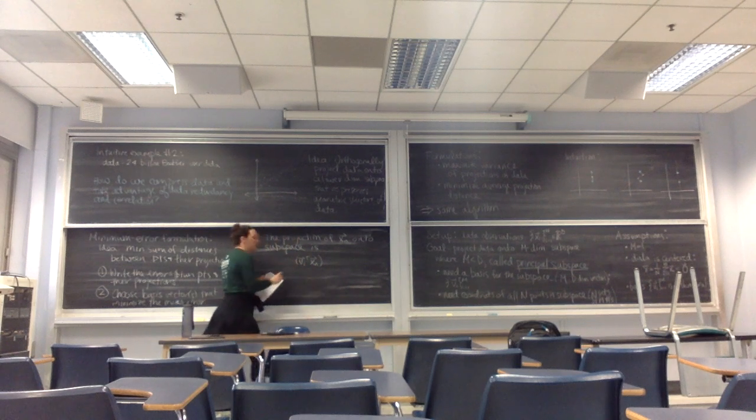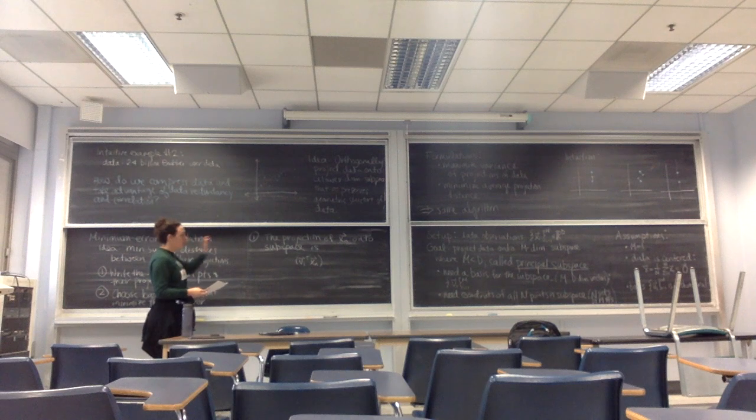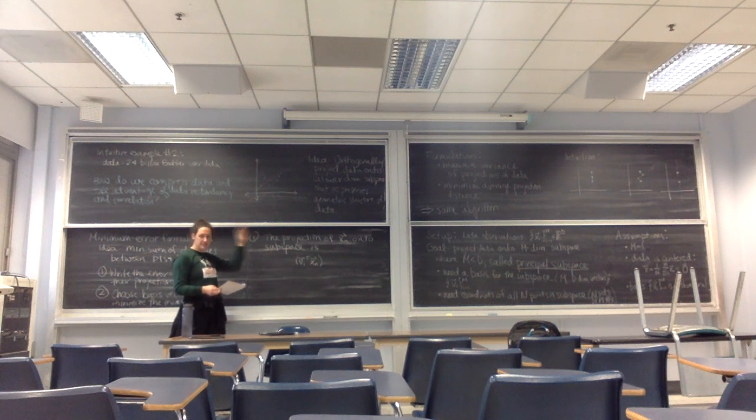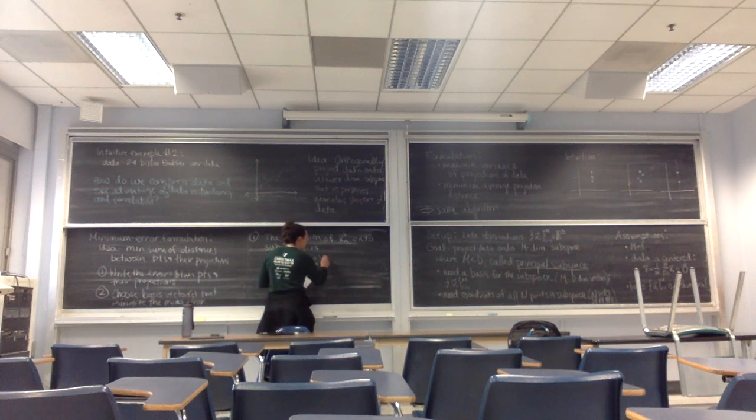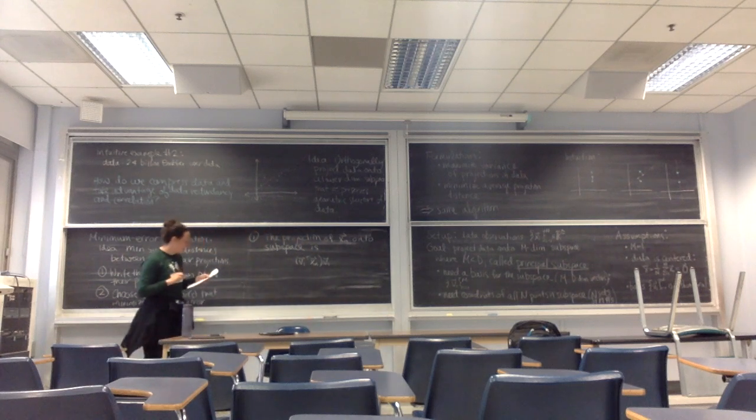We take the inner product between the direction v1 and the point xn. That's giving us the amount that points in the direction v1 of xn. And then we point that in the direction v1.